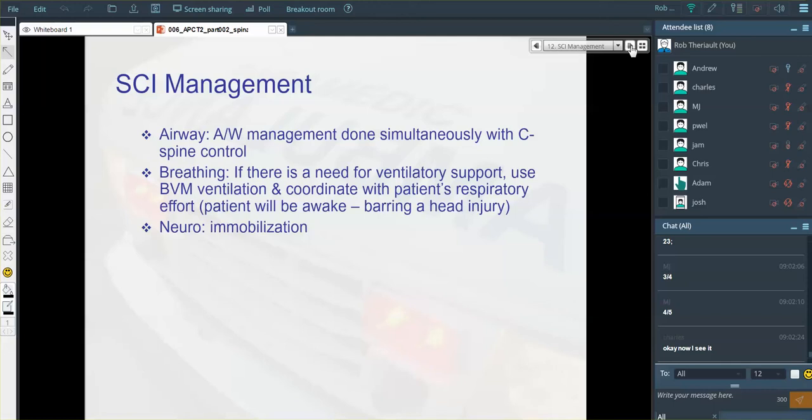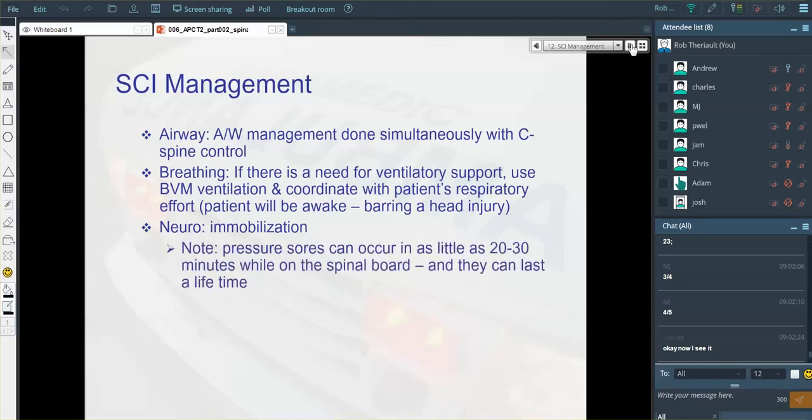And for neuro, you can immobilize. Just know that pressure sores can occur in as little as 20-30 minutes, and sometimes can last a lifetime. So how you immobilize them is your discretion, but just on the mattress of the stretcher is perfectly fine.